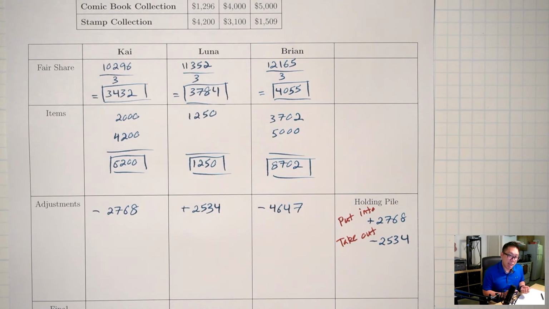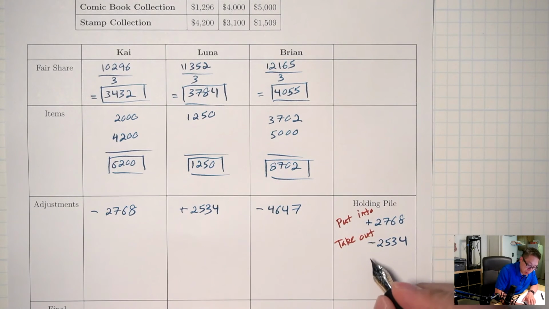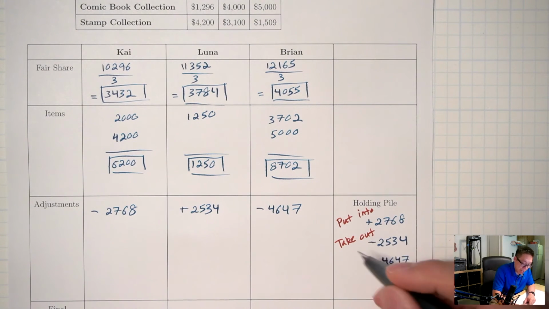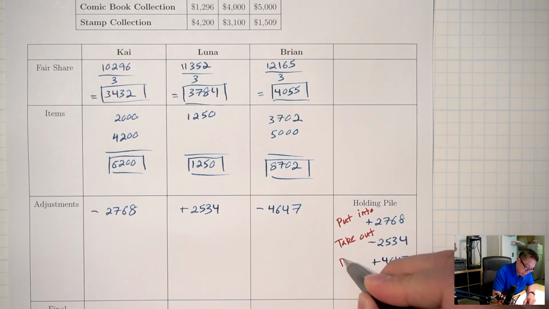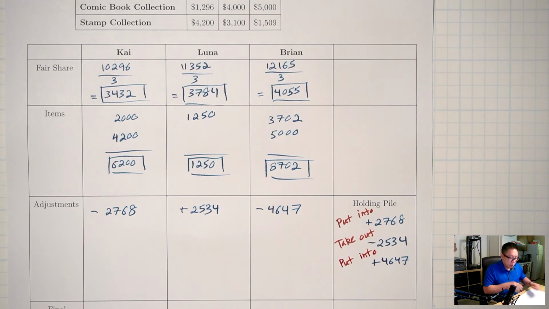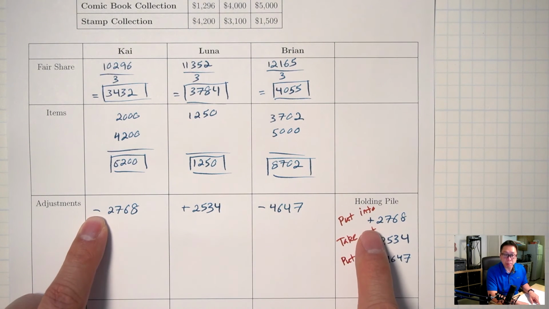We're going to take away cash from Brian and put it into the holding pile. So this should be a plus 4647 because Brian's going to pay into the holding pile. Once again, as a tip, the signs should be opposite.